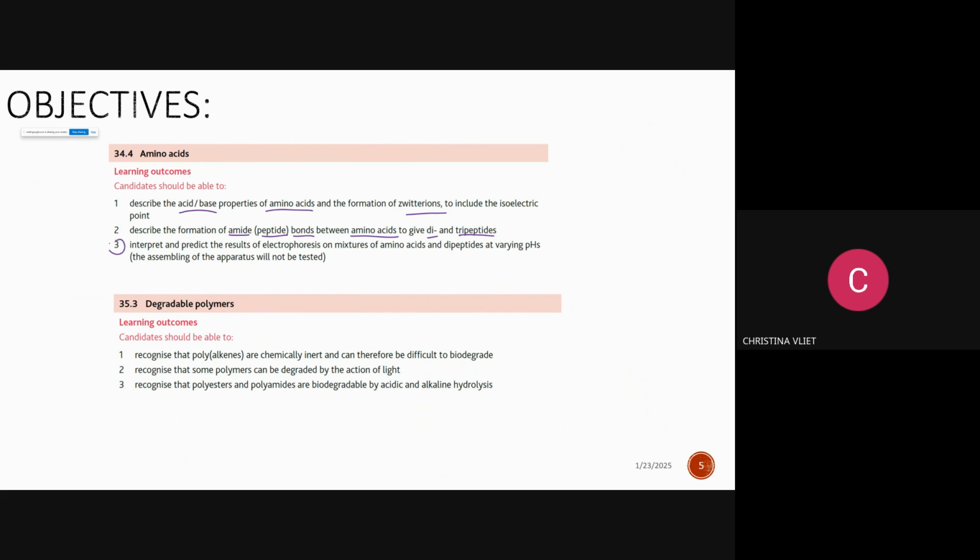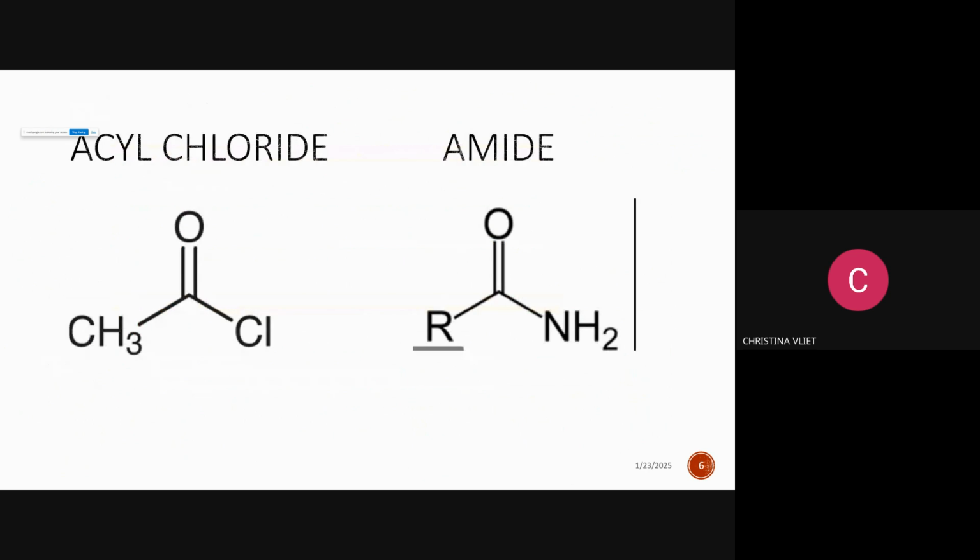This will actually be on Monday's lesson because that's where we're going to start the analytical techniques. So these first two we're doing today. The third one we'll do Monday. And then the degradable polymers we actually did last class. So we don't have a ton of objectives to cover today because we did cover some of this already. But I didn't include the objectives for hydrolysis. We do also have to cover hydrolysis today, which we're about to get to now.